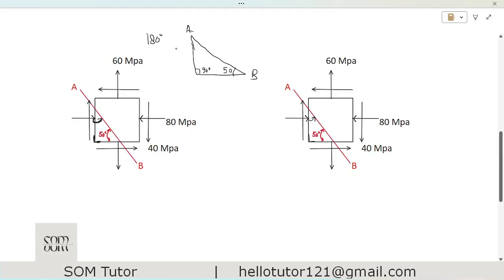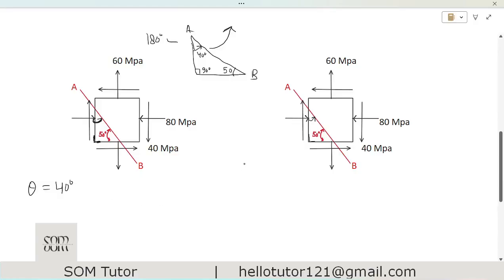So the sum of this angle plus this angle plus this angle should be 180. 50 plus 40 is 90, and 90 plus 90 is 180, and we got 180 degrees. So right here we have 40 degrees, it is anti-clockwise. And I told you in the previous class, if the angle of rotation is anti-clockwise, then it is positive, 40 degrees.